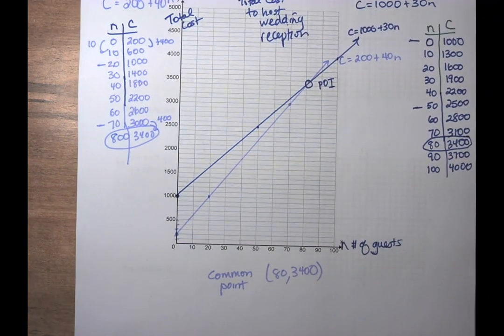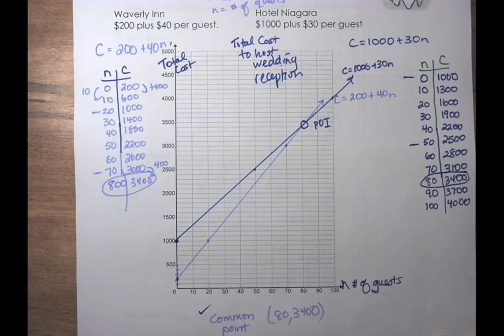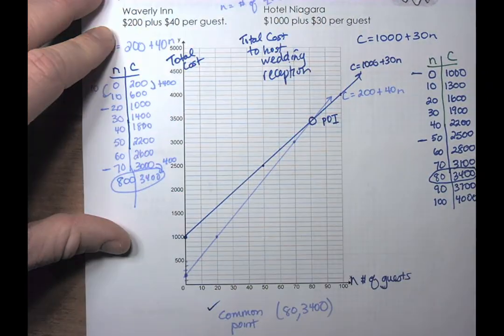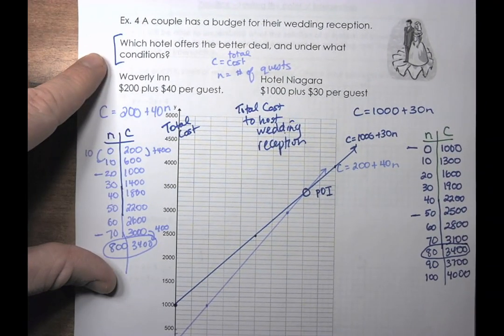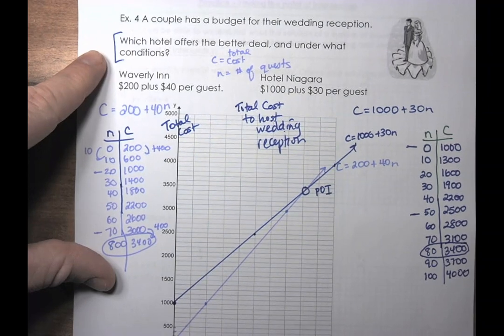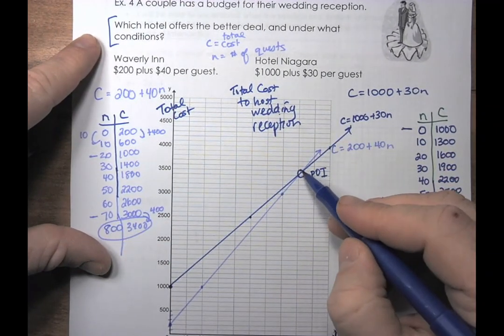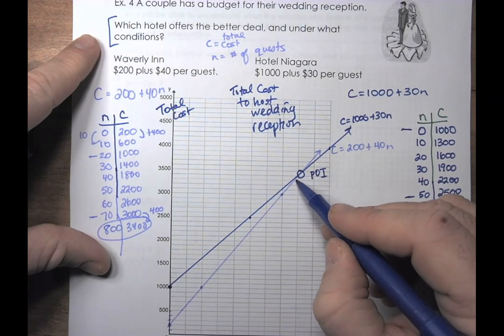So I hit that. So I have a common point. Perfect. So now the question is, did we answer the question? Yes, we did. Which hotel offers the better deal? Well, if I'm looking at the graph, the blue one or the purple one, what's better?